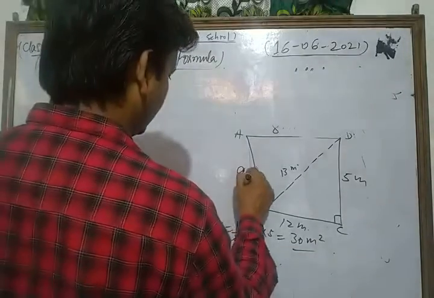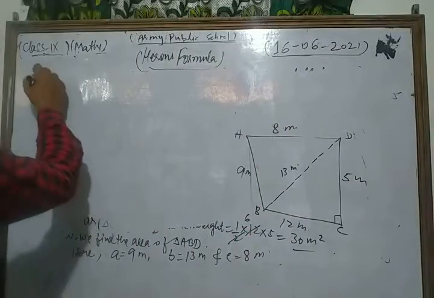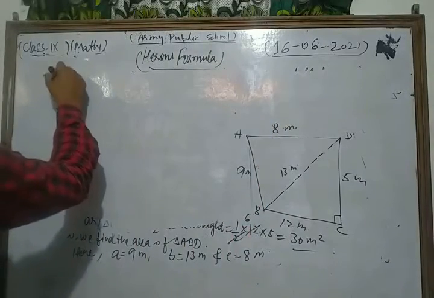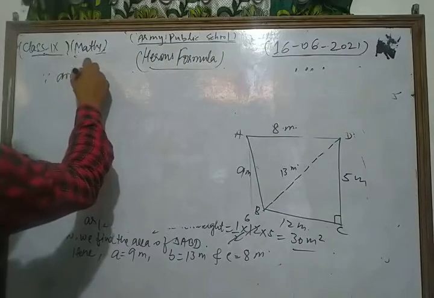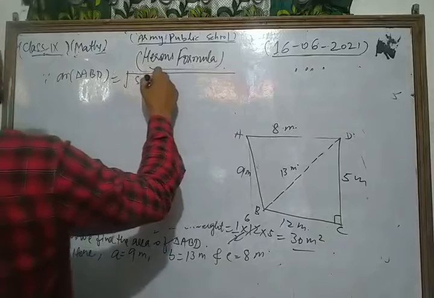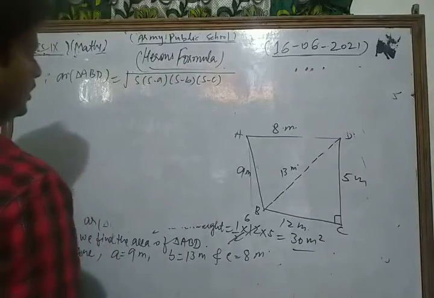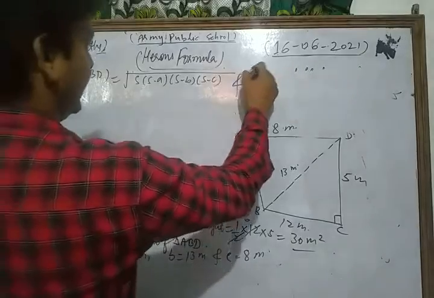This is 9, okay, this is 8. So since we find the area of triangle ABD by using the formula, square root of S into S minus A, S minus B, S minus C, and here S is equal to what?